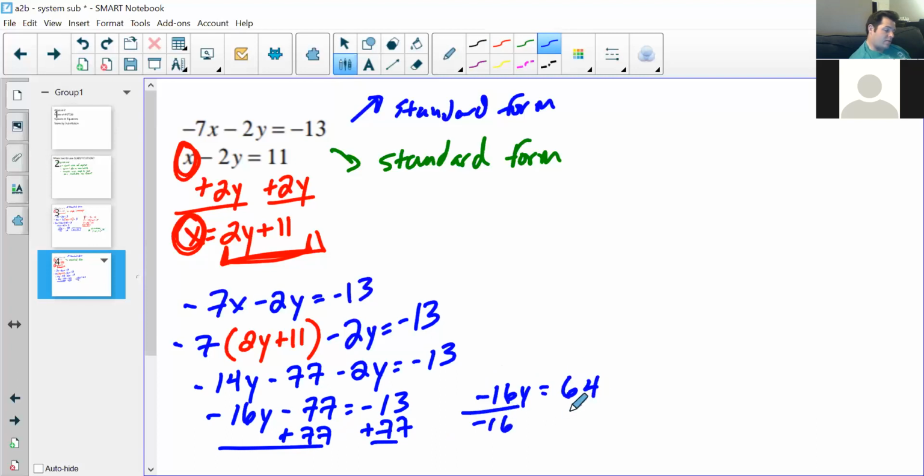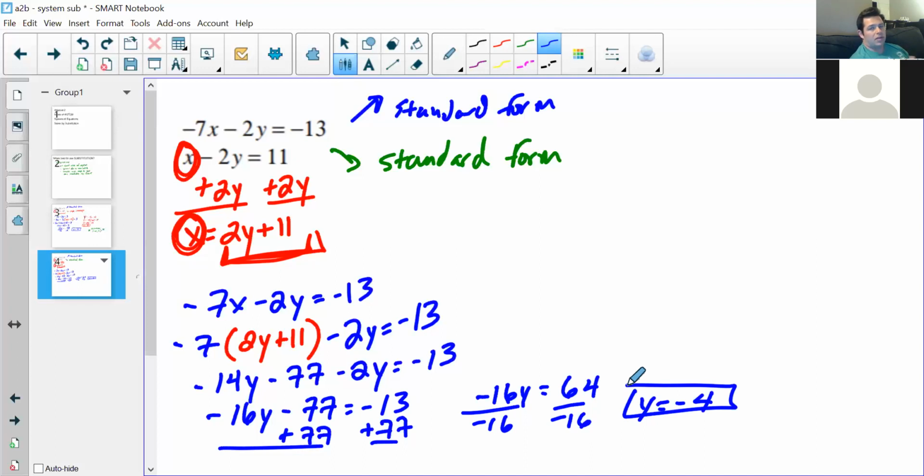We'll divide both sides by -16, and we'll get y is equal to -4. It's great that we were able to do all that math work. We substituted in what we eventually got, x by itself. We were able to substitute 2y plus 11 into the first equation to get y is equal to -4.